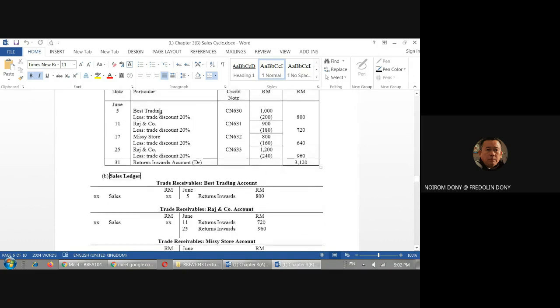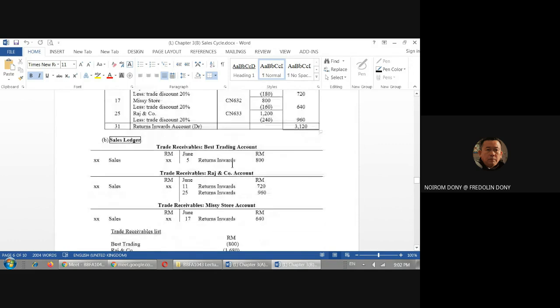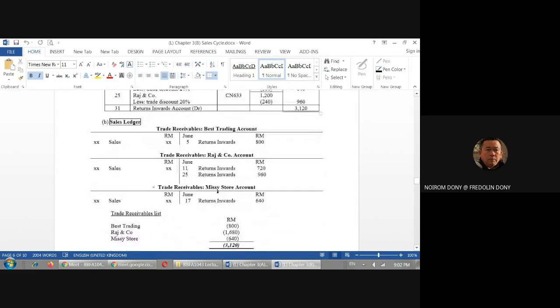Remember, the effect of a return inward reduces a debit item. So that's why this is recorded on the credit side. So we only do a credit entry. In the particular column you write down return inward, because it comes from the return inward journal.